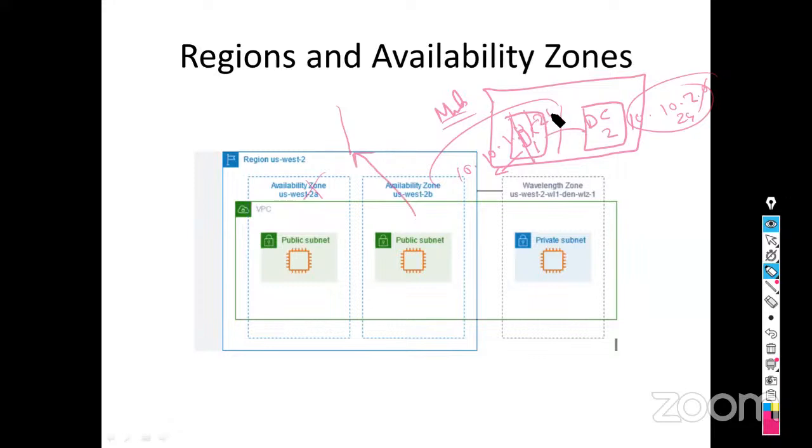To provide redundancy within that region, we create availability zones. In every region there are at least two availability zones, and some regions have three or four, right?